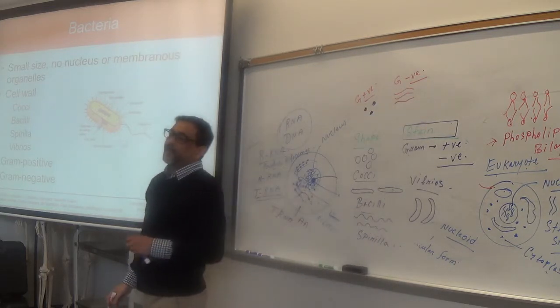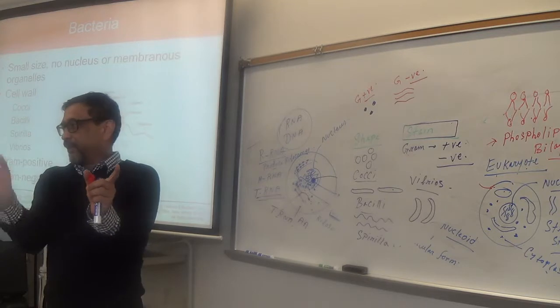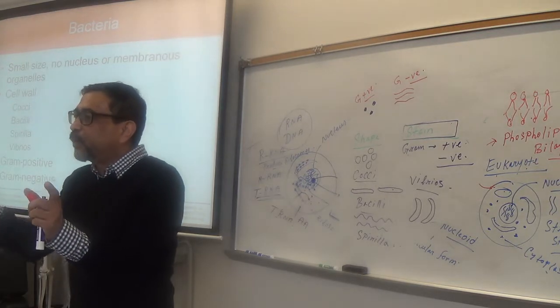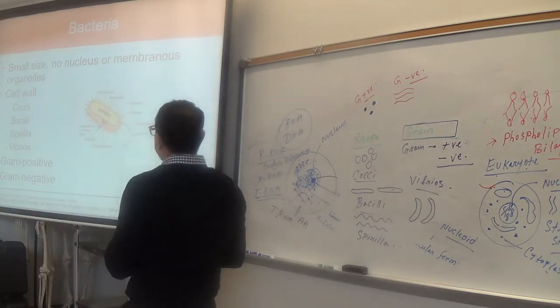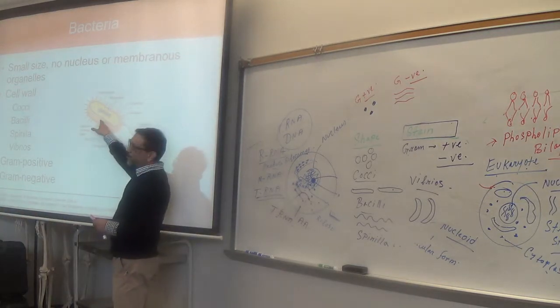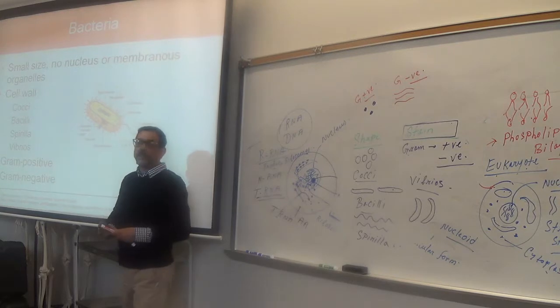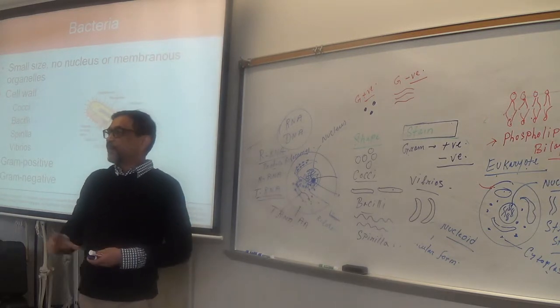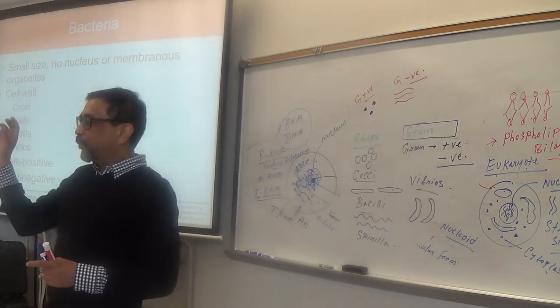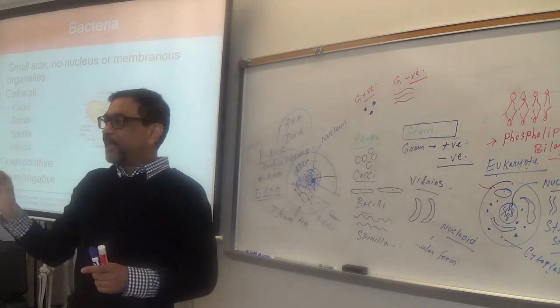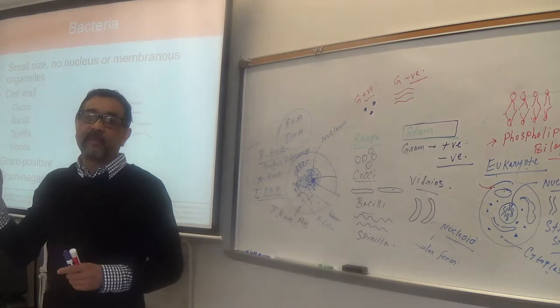Now, why do two different types of bacteria take two different types of color? Because of the structure of the cell membrane. Just know that the cell wall of gram positive is thinner than the cell wall of gram negative.